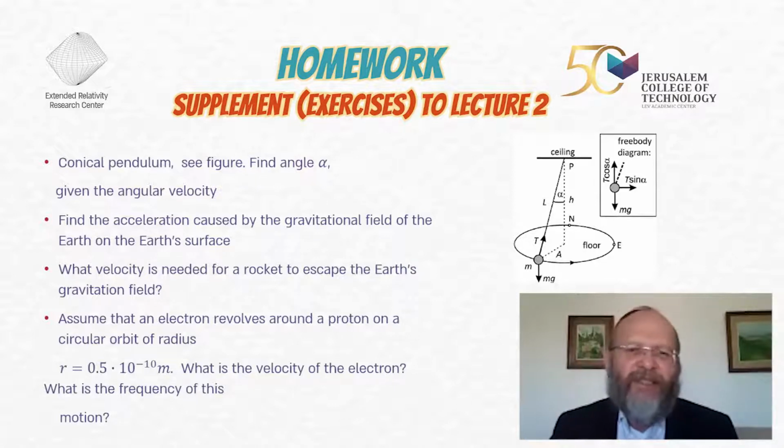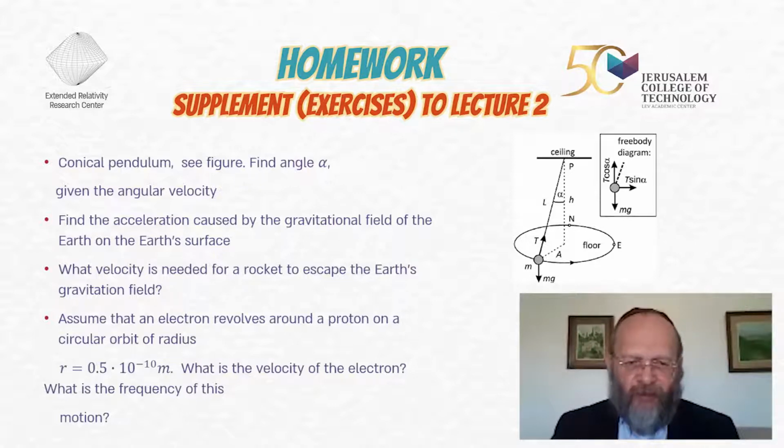A good exercise is to calculate the acceleration caused by the gravitational field of the Earth on the Earth's surface. We know the answer: 9.8 meters per second squared. An interesting question is to find the velocity a rocket needs to escape the Earth's gravitational field.